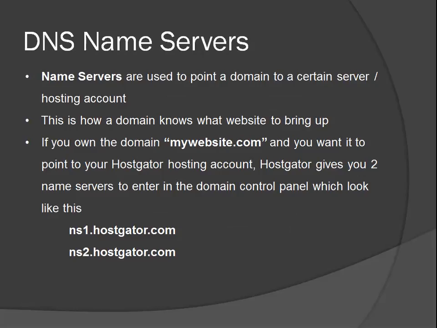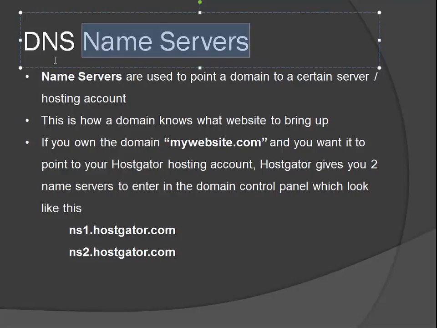Alright, so DNS name servers. This is how you can buy a domain. Let's say you buy a domain from GoDaddy, but you want it pointed to your hosting account with HostGator. Well, you can do that by logging into the domain control panel and looking for the option to add your own name servers, or to change the name servers.